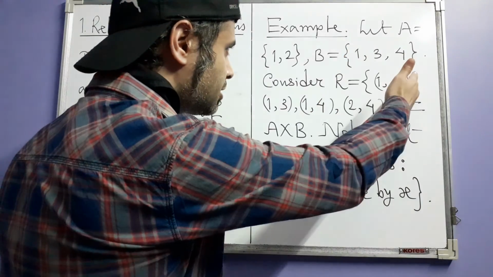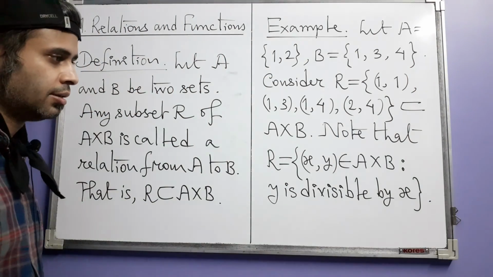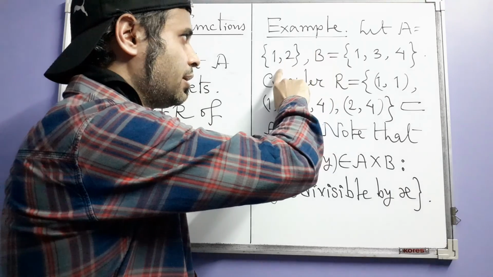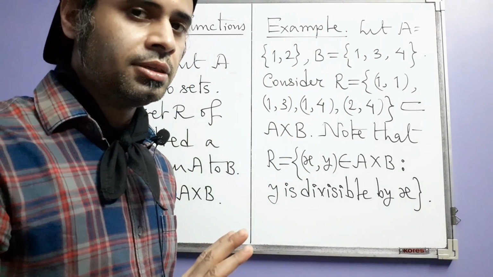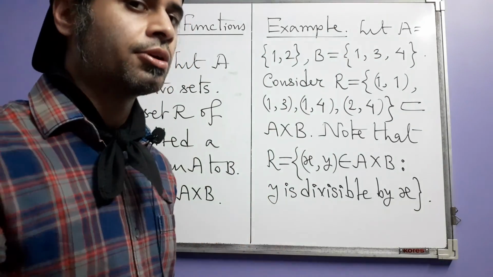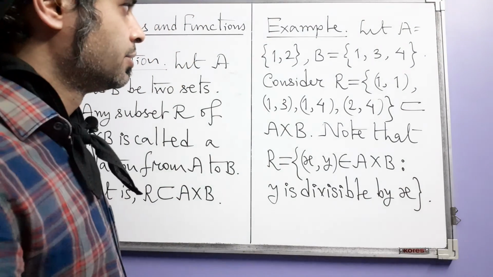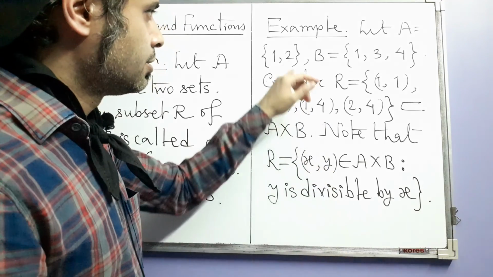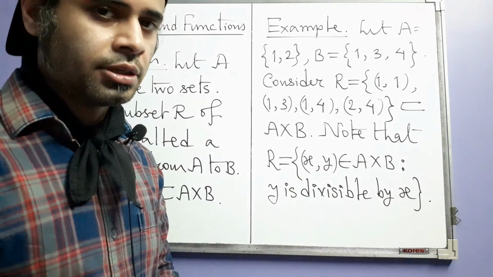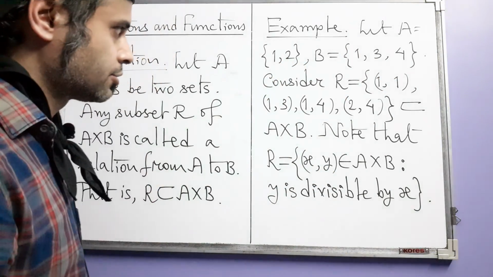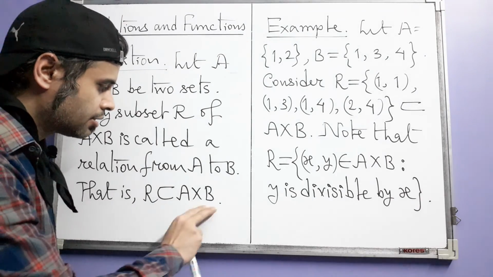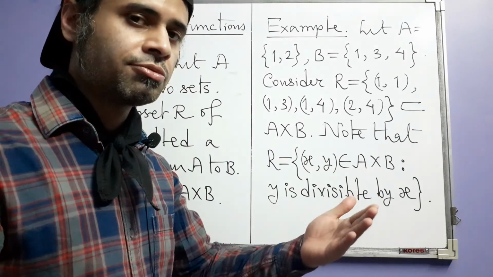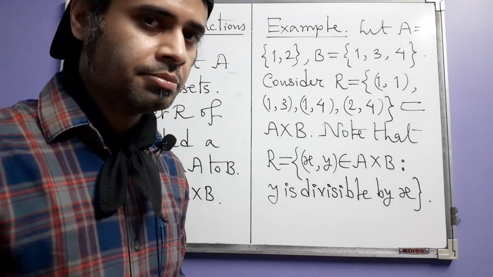Divisibility of the elements of B by elements of A. By that relation, some element of A is related to some element of B, but some element of A is also not related to some element of B. 2, for example, is related to 4 by this relation, and 2 is not related to 3 by this relation. Okay, so in that sense, a subset of A times B is a relation. It relates elements of A to elements of B.